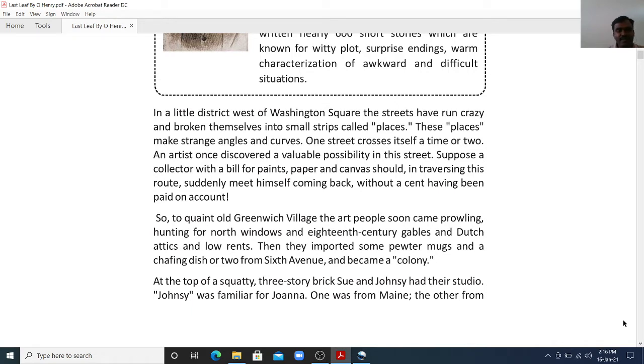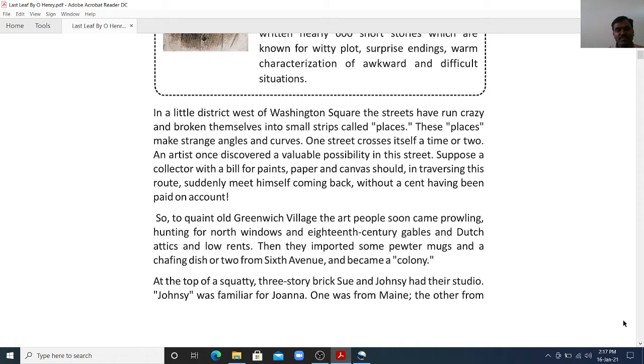So the real difficulty is for the artists who come to this place. In this little district of Greenwich Village, artists used to come. They found it really difficult to travel in these places. An artist once discovered a valuable possibility in this street.